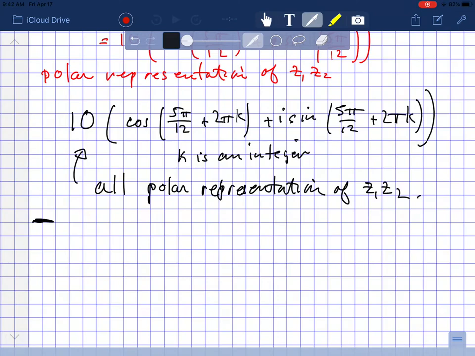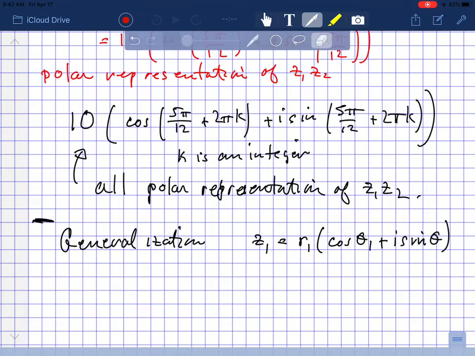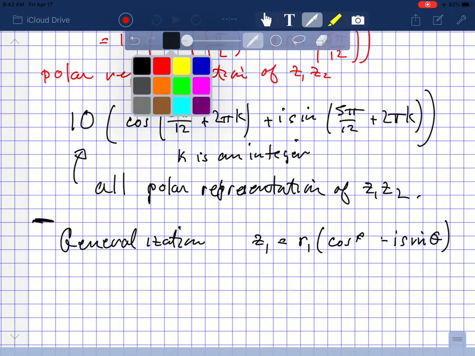All right, this technique can be generalized. So we're going to look at the following generalization. Suppose I have a complex number z equal to r sub 1 times the cosine of theta plus i times the sine of theta.